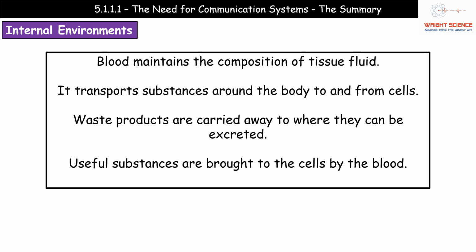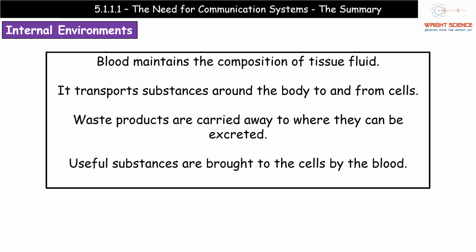If we think about one key example in a lot of living things, then we are talking about blood maintaining the composition of the tissue fluid. Now, blood is obviously one of those key things that we've talked about in biology quite a lot at this stage. It's all about transporting substances around the body and therefore allowing substances to be brought to cells and waste products to be removed from those cells.